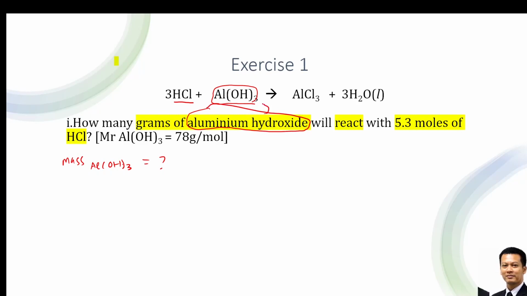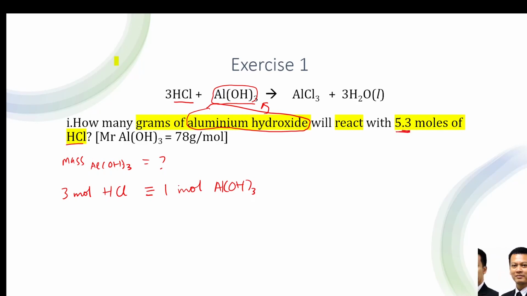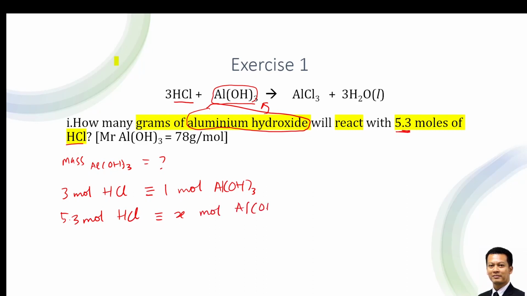So this is the same thing. The relationship that we can find from the balanced chemical equation is that 3 mole of HCl will react with 1 mole of aluminium hydroxide. The question asks you if you have 5.3 mole of HCl, how many mole of aluminium hydroxide do you need?